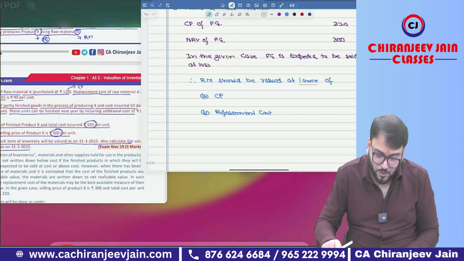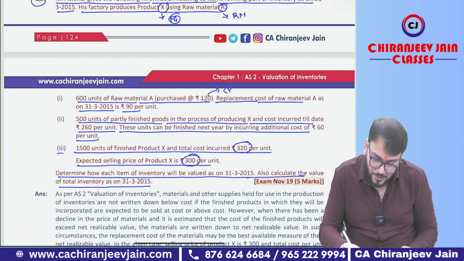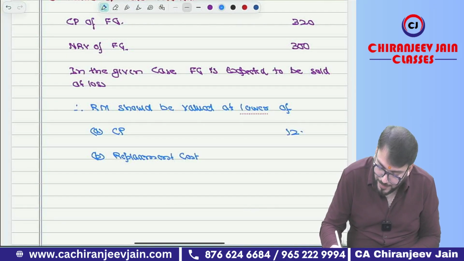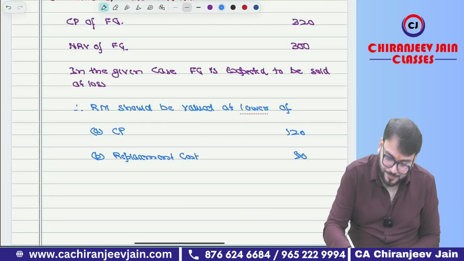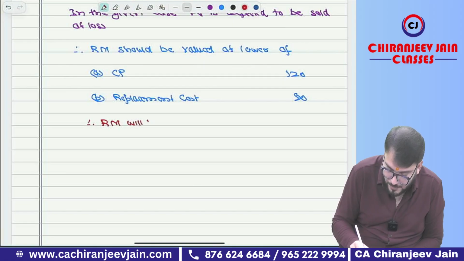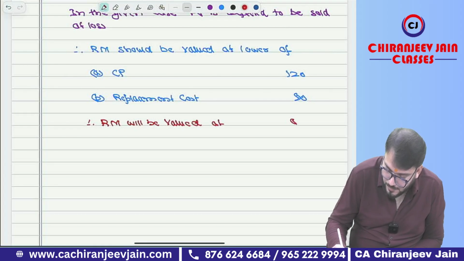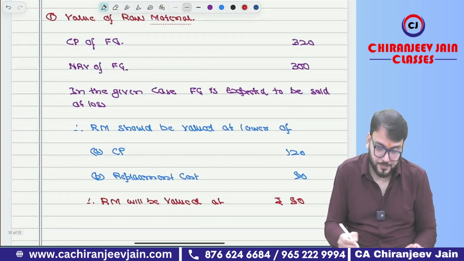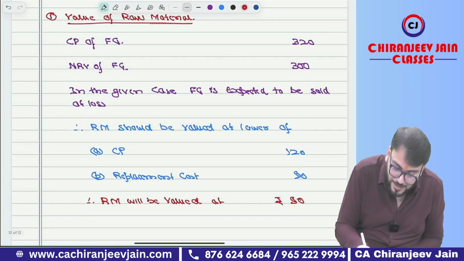The cost price given for raw material is 120, replacement cost 90. And therefore raw material will be valued at rupees 90. First point you understood. Value of raw material understood.